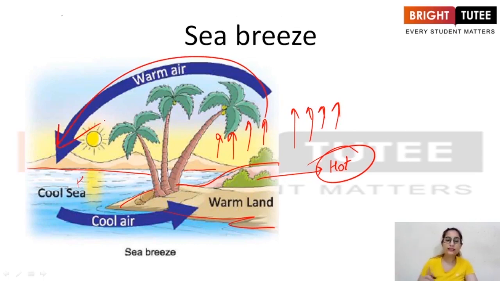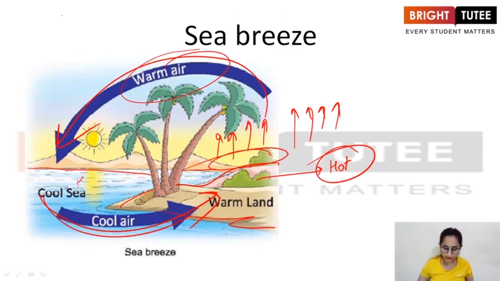And to replace this warm air, the cool air above the sea comes, because the sea does not get heated that easily. The sea takes time to get heated, but the land becomes heated easily. So the cool air which is present above the sea moves towards the warm land to replace the warm air which was present earlier here. So this cool air comes towards the land, and this is known as sea breeze.